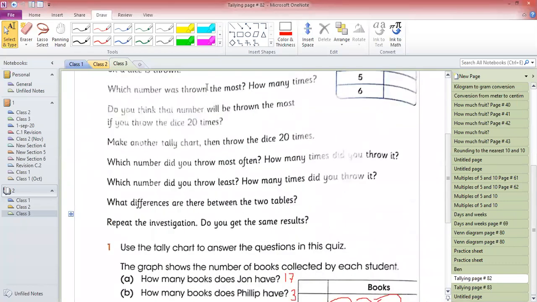I tell you about the tally, guys, how to mark tally. For a single object you mark one tally. For two objects you mark two tallies, two single lines. For three objects you mark three single lines, and for four objects you mark four single lines. But for the fifth object you will not mark a fifth line.